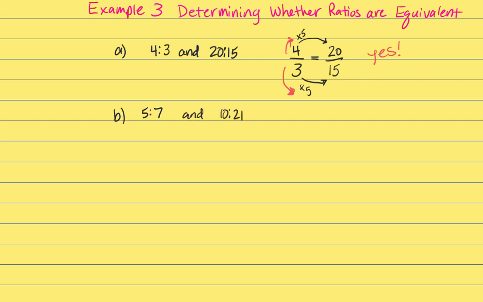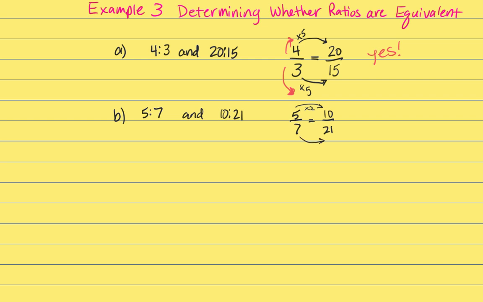So I have 5/7 and 10/21. Again, I'm going to set it up like fractions, 5 over 7 and 10 over 21. So again, how am I going to get from 5 to 10? Well, I can multiply by 2.